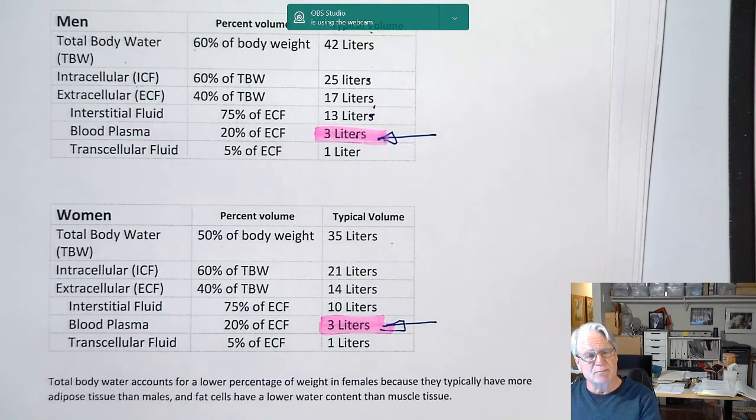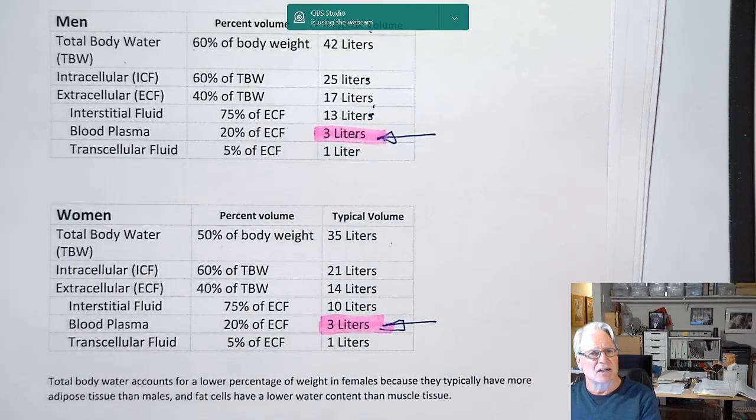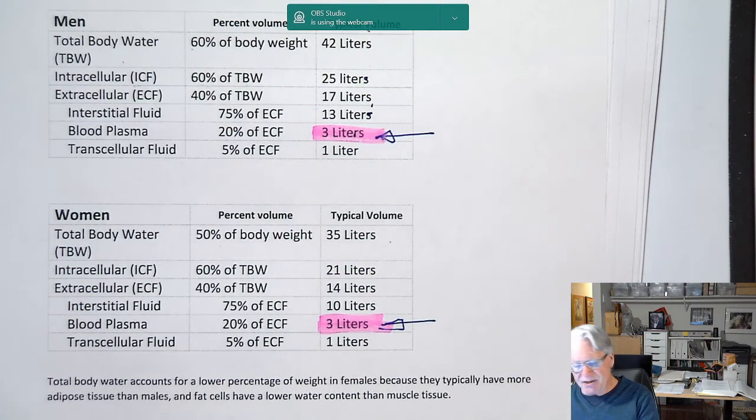This is not counting blood cells. So we can add another approximately 3 liters of blood cells, volume of blood cells to your total volume of blood. So again, this is blood plasma, which is the liquid phase of your blood, not the cells. All right, so that's how we manage that problem.